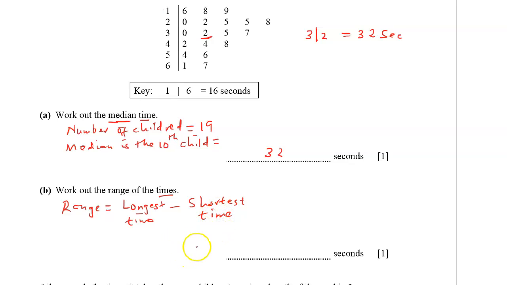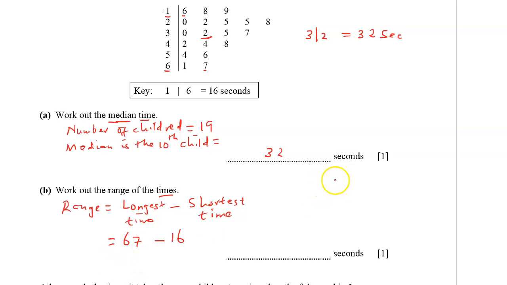In this case, the longest time is 67, and the shortest time is 16. So 67 minus 16.